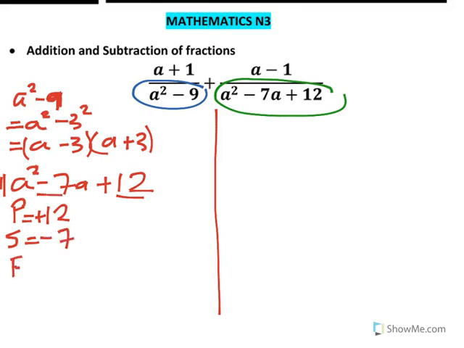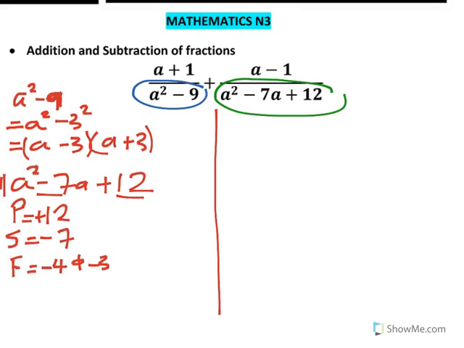We are looking for two numbers which, when you multiply, you get 12, and when you add, you get negative 7. It is minus 4 and minus 3. For this method, please revert back to the previous lessons, and I'll also do a special 24-minute lesson that will just focus on factorizing so that you'll get more practice.